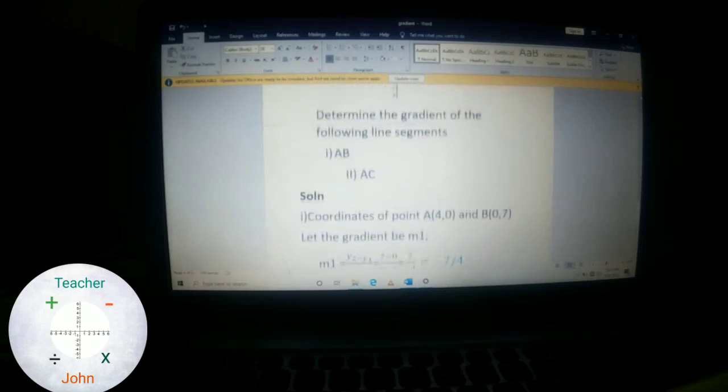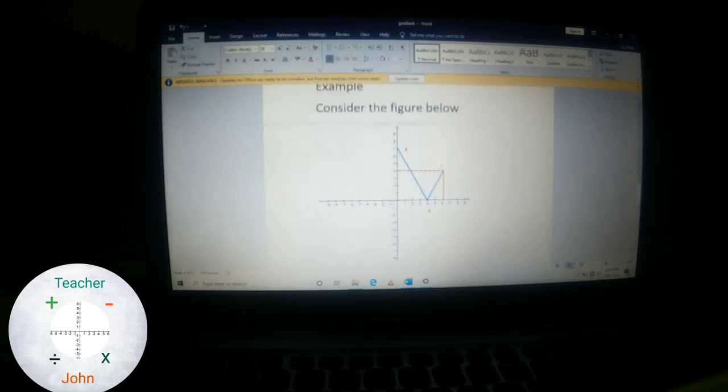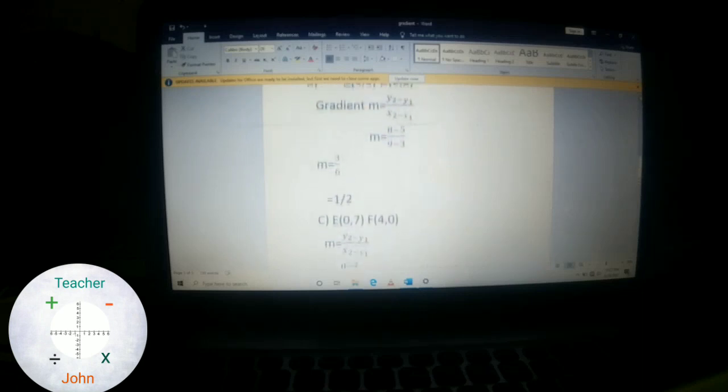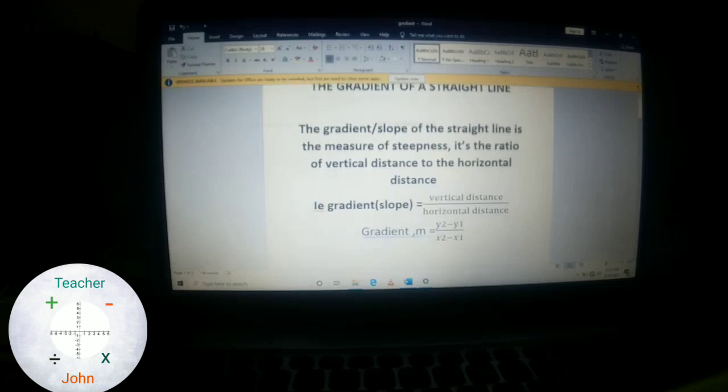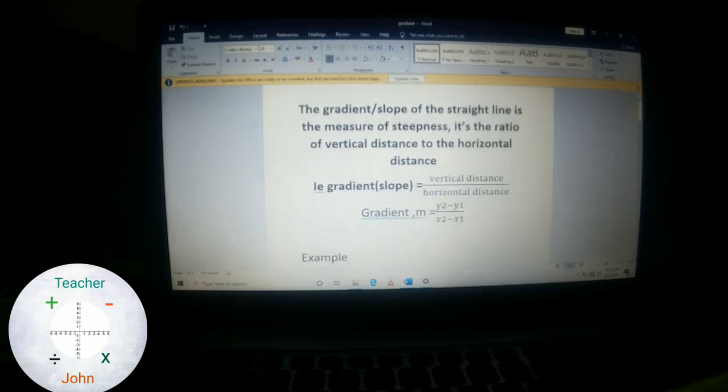So that is how we can go about the gradients of any given point or two points on the x-axis and also on the y-axis. That is the gradient of a straight line, which is vertical distance over horizontal distance.